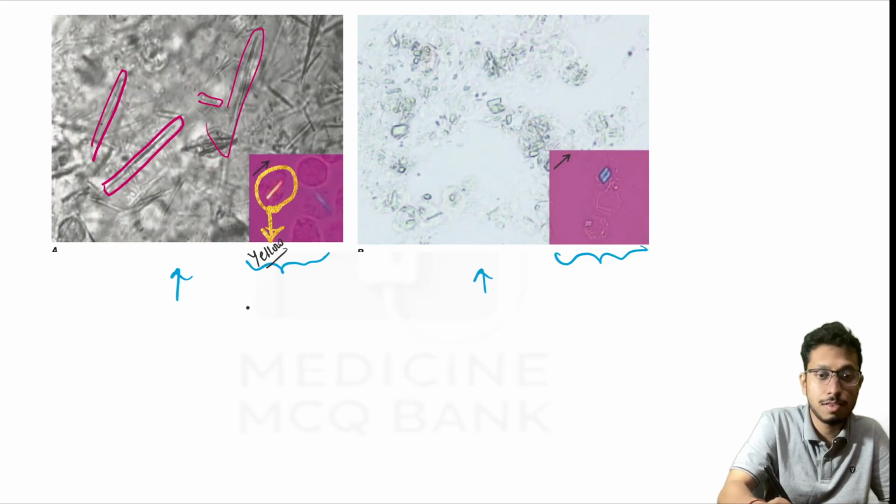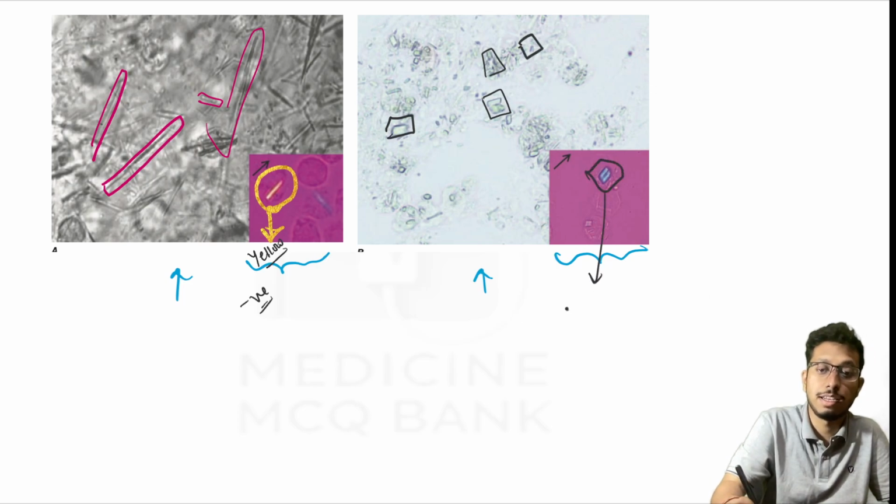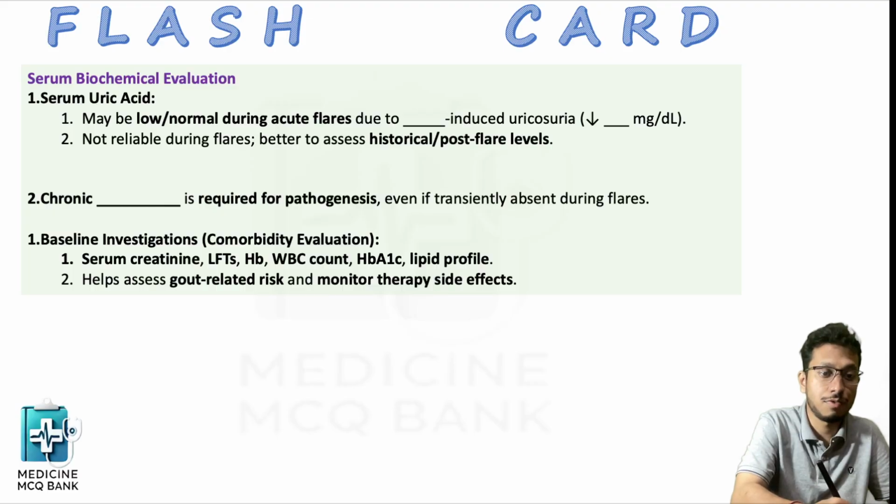So yellow means negative, correct? Okay. Here in this image, you can find there are rhombus-like crystals, and these rhombus-like crystals are blue in color, that is positive birefringence. All right. Okay.